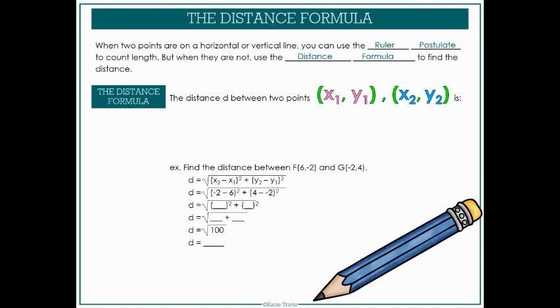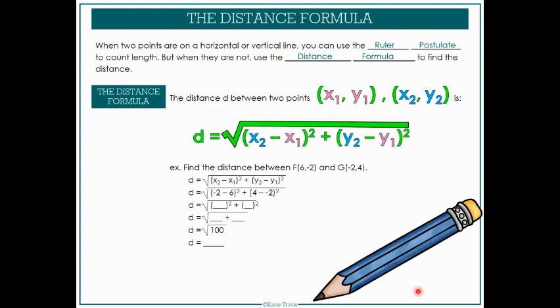So, the distance formula is the following: we got two points, (x1, y1) and (x2, y2). Basically, just saying there's our two different points. The distance formula is d, for distance, is equal to the square root of (x2 minus x1) squared plus (y2 minus y1) squared.